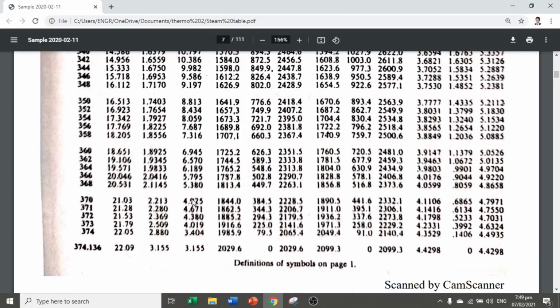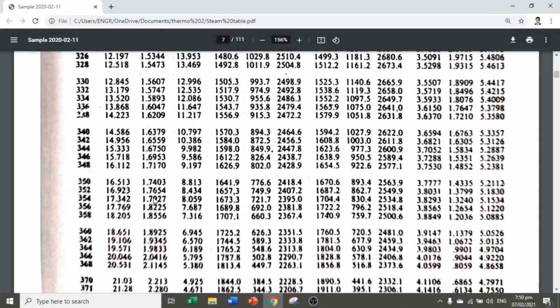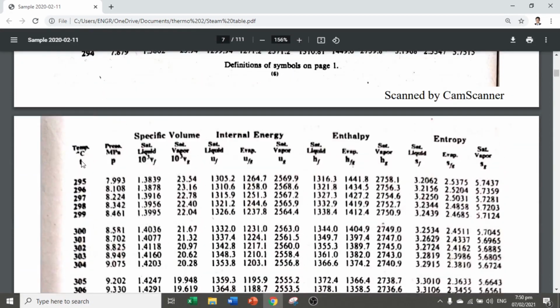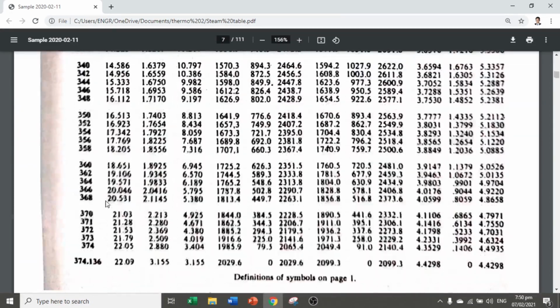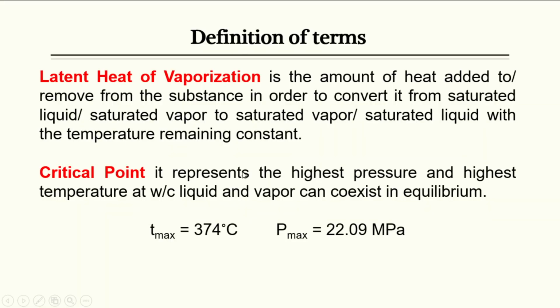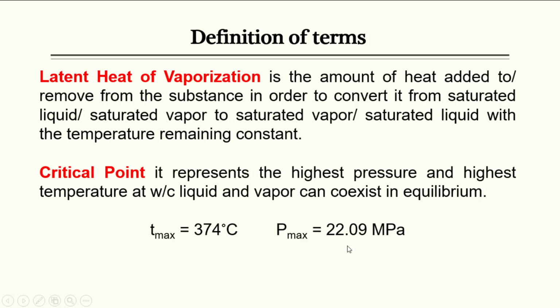Ayan, table 1 to, diba? Kung mapapansin nyo, temperature to. Pinakadulong temperature niya is 374.136 degrees Celsius. Yung pressure naman niya is 22.09.